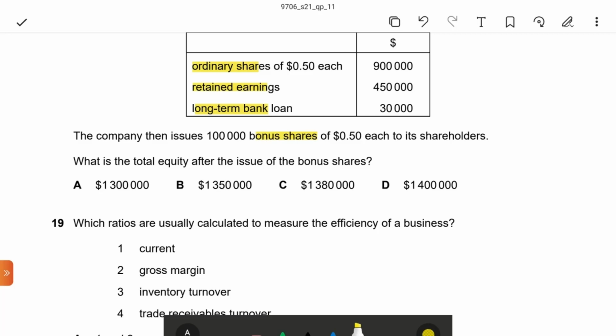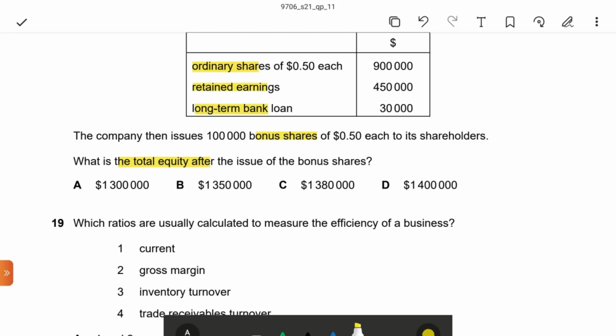When the business issues these shares, they are not getting any cash, only the capital part increases. At the same time, the company will adjust it with retained earnings and other reserves. So the question is, what is the total equity? Equity means ordinary shares plus retained earnings after the issue of bonus shares.